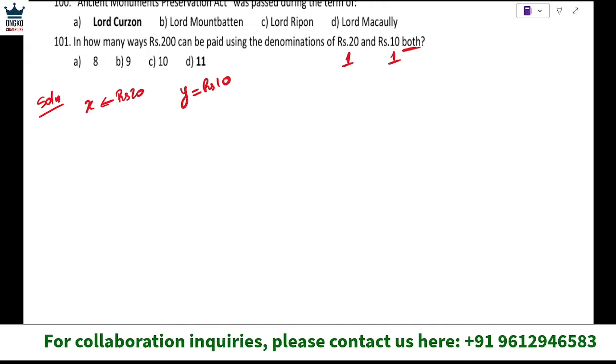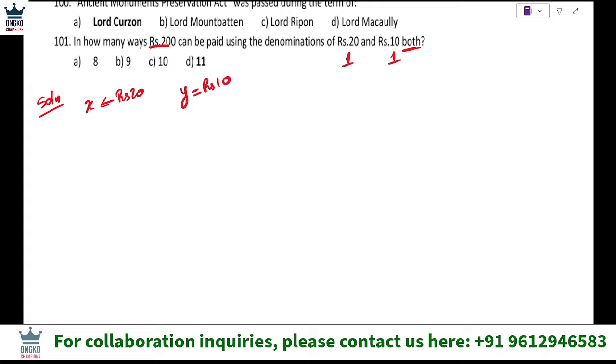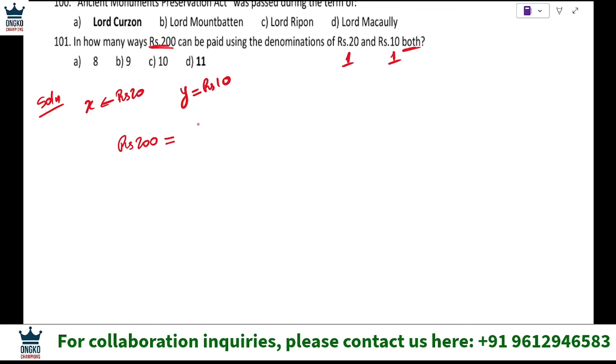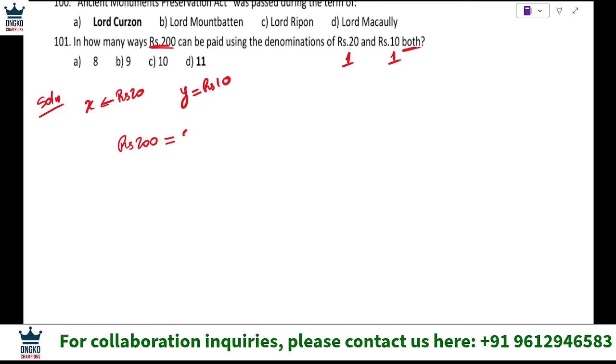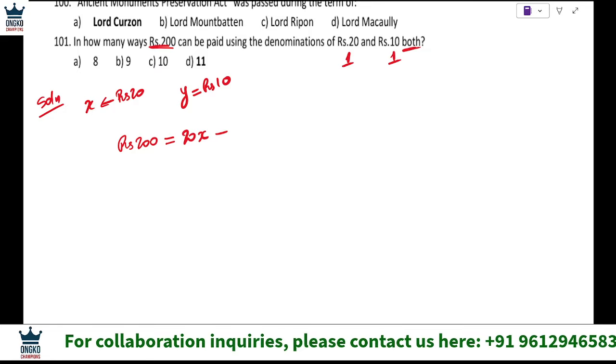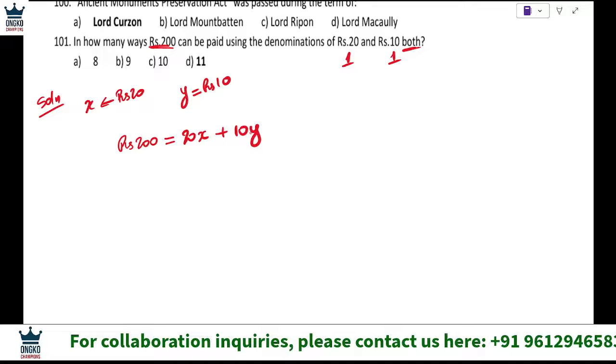Now it's clearly mentioned in the question that the total sum of money, the value, is 200 rupees. So 200 rupees, that's the total amount. We only need 20 rupees denomination and 10 rupees denomination. So 20 into the number of 20 notes, plus 10 rupees into the number of 10 rupees notes.